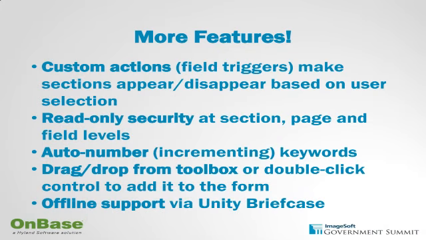And coming in 12, you'll see custom actions, which are really just field triggers. So if I select one option, it will dynamically change the form with the additional fields available based on that selection. We'll see more concepts of read-only security, the ability to auto-number these forms automatically, and an even easier to use designer where you can drag and drop from the toolbox or just double-click a control to add it to the form.